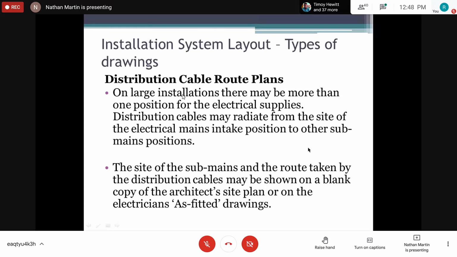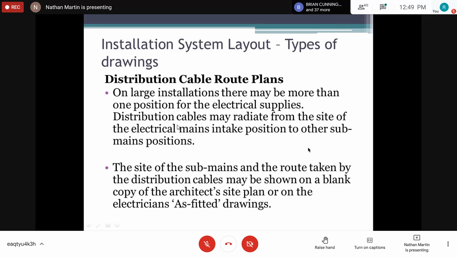But it's good to have a distribution cable route because it shows you in large installations where the underground cables lie, right? Mainly the underground cables because you're able to see the overhead cable positions. But hidden cables, it's definitely good to know where they are so that when you're planning new installations or additions, you have a good idea where the cables are and what to avoid.